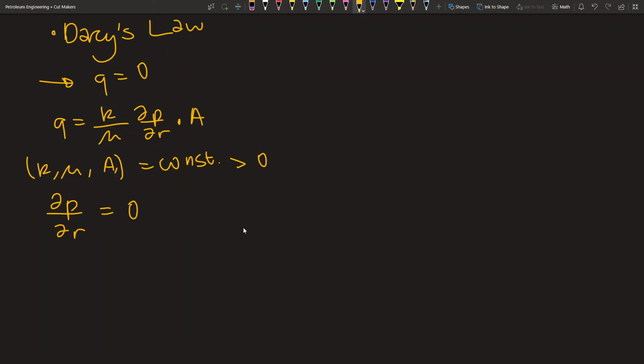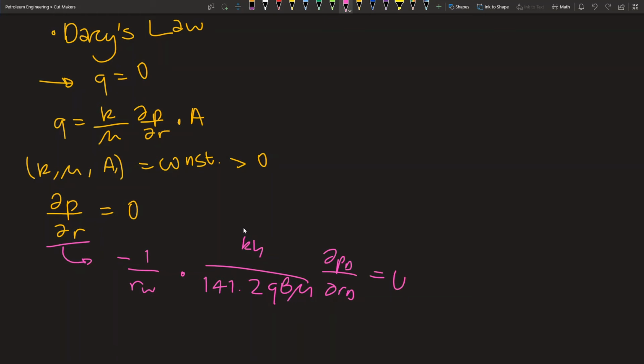Okay. Now, I've already shown how we can convert this to a dimensionless form in the previous part. So without doing too much of the legwork, I want you to convince yourself that this can actually be rewritten as negative 1 over r sub w multiplied by 141.2 q B mu over k h, multiplied by dP sub d over dr sub d, that is equal to 0.